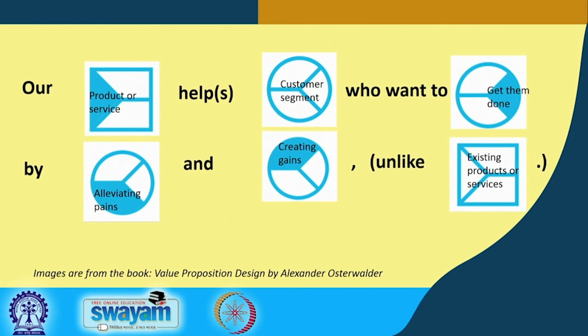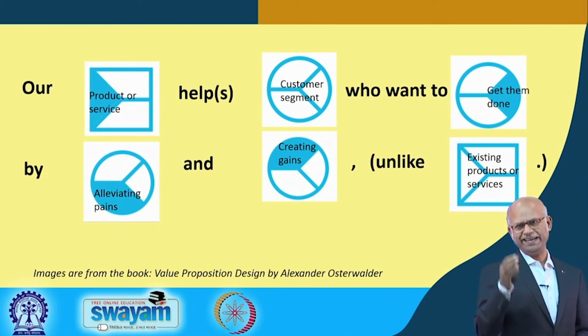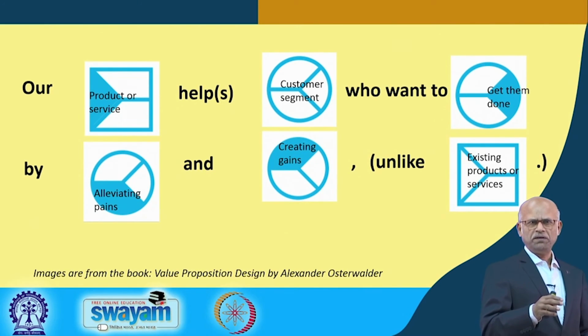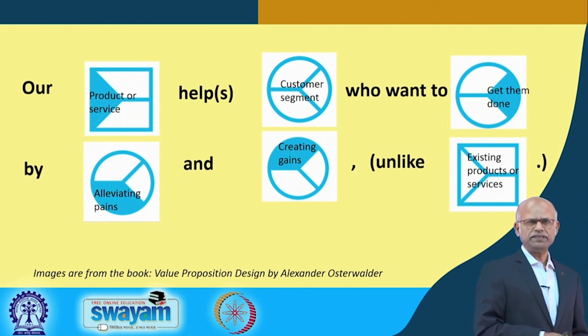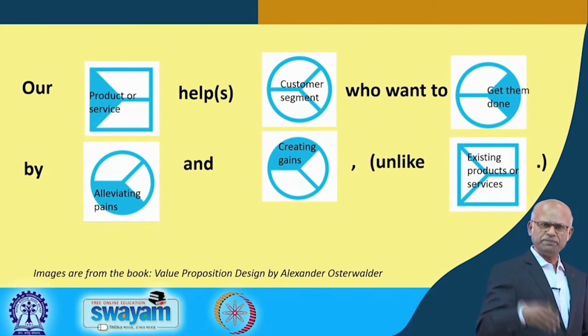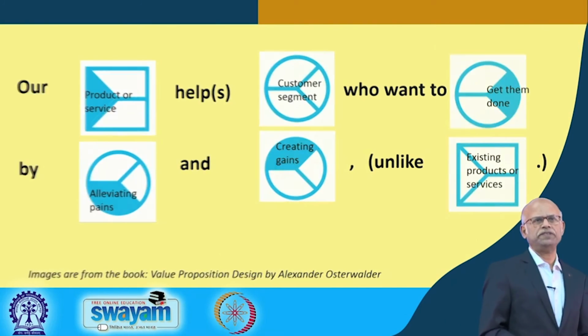So, here is a graphical representation. Our product helps a customer segment who want to get jobs done by, say, alleviating pain points and also creating gains, unlike the competitors.